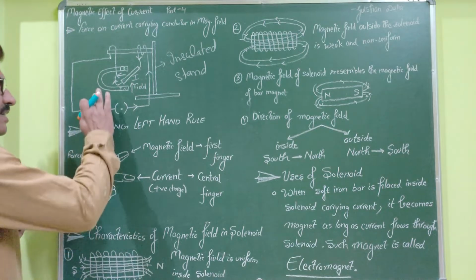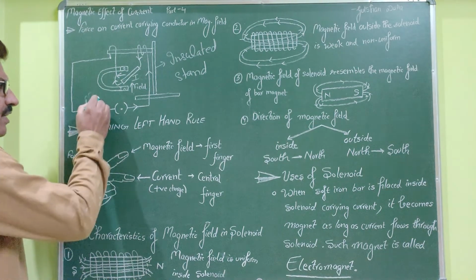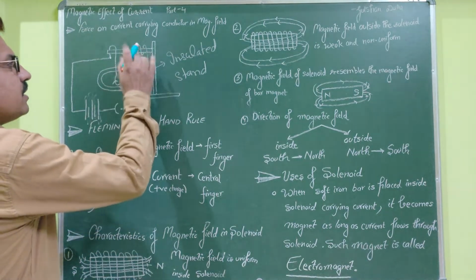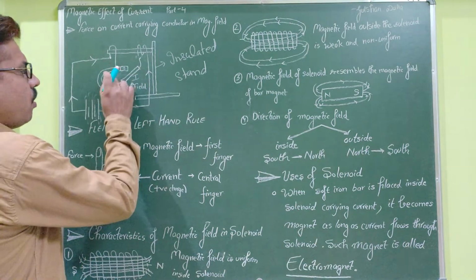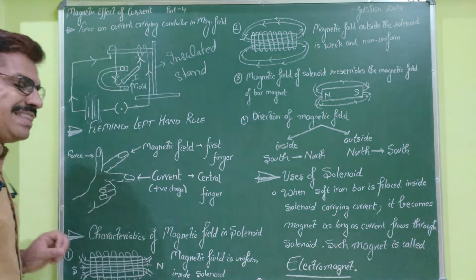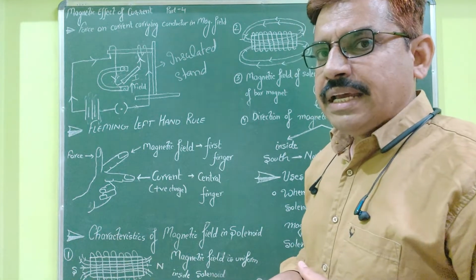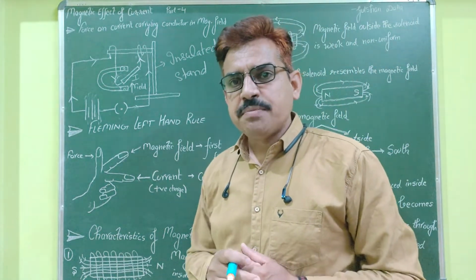Now, in the same case, if we reverse the direction, that is, we interchange positive and negative, the deflection gets reversed. The current then goes positive to negative through the outer circuit. The direction of current is reversed, but the direction of the magnetic field remains the same.